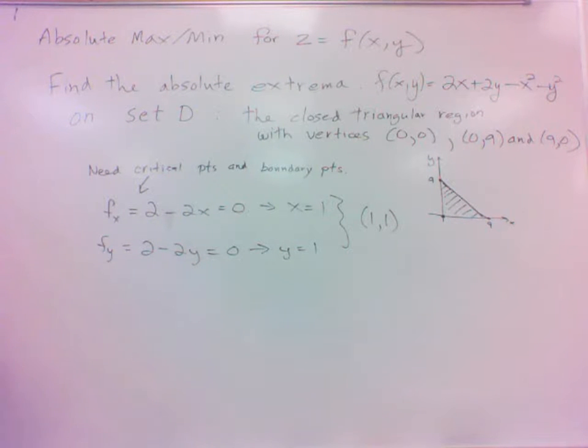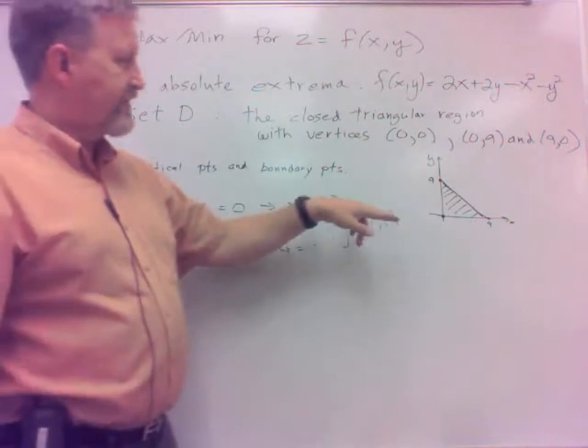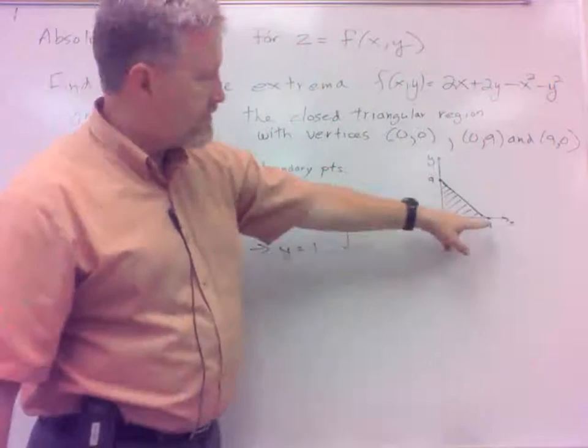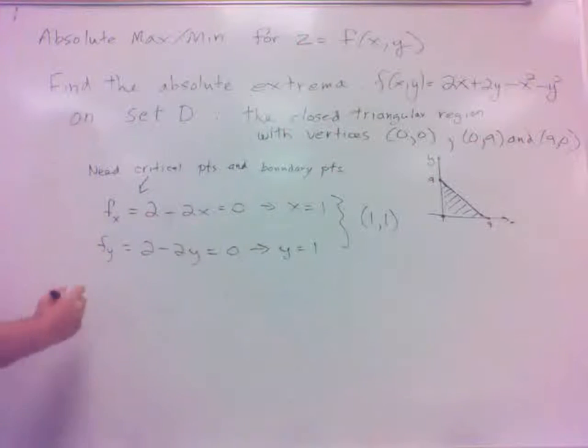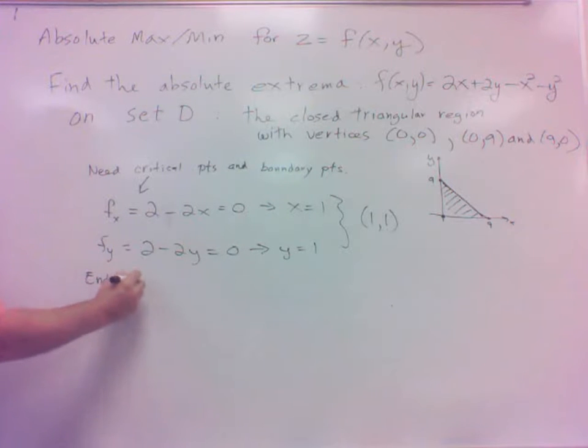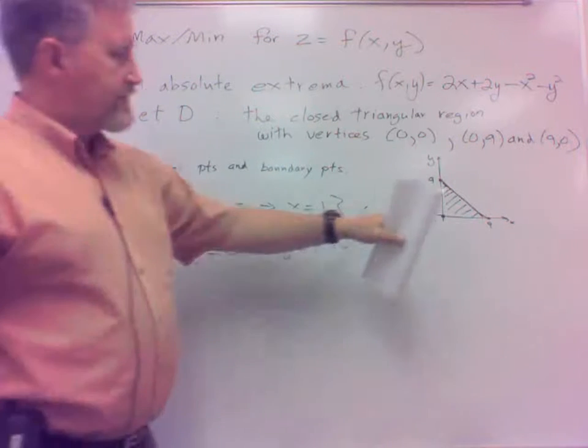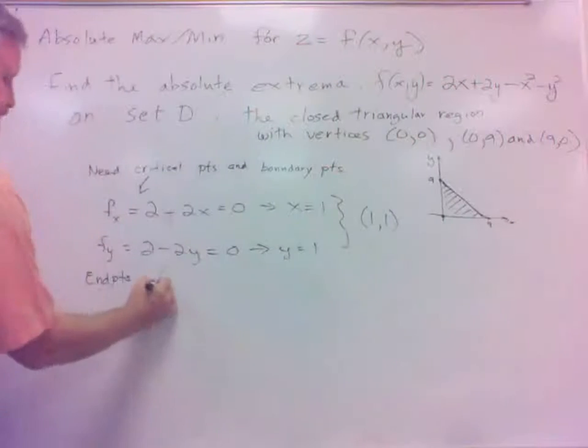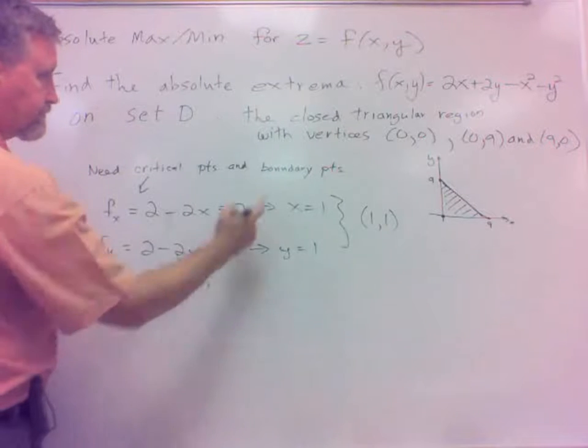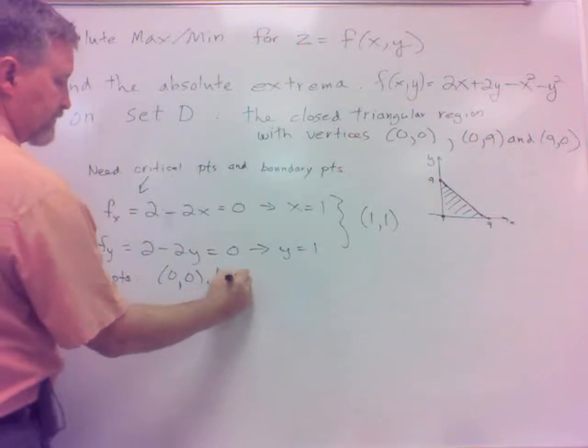All right. Now, just like in our two-dimensional case, we do need to check the endpoints here. So the endpoints are (0, 0), (9, 0), and (0, 9).